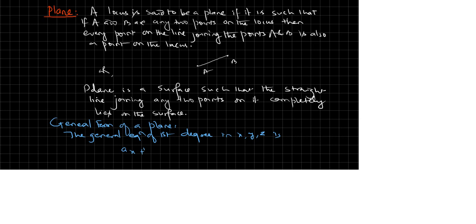ax plus by plus cz plus d equal to 0, where a, b, c and d are constants and a, b, c are not simultaneously 0.